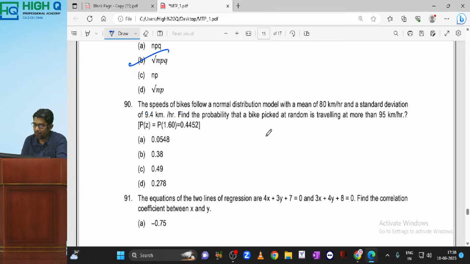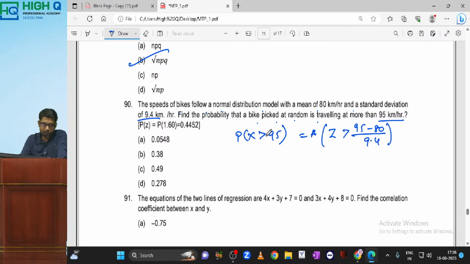The speeds of bikes follow a normal distribution model with mean 80 km per hour and standard deviation 9.4 km. Find the probability that a bike picked at random is traveling at more than 95 km per hour. That is more than 95, which is the area under the curve z more than x minus mu, 95 minus 80 divided by sigma 9.4.